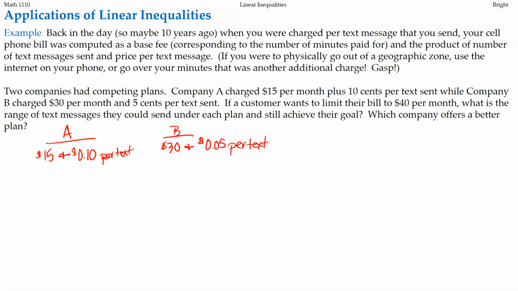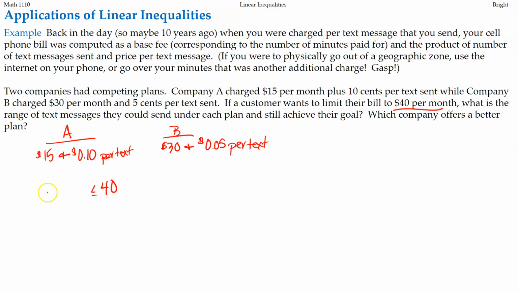Now the customer wants to limit their bill to $40 per month. When I think of a limit, that's a value that you cannot exceed, right? So the bill should be less than or equal to $40.